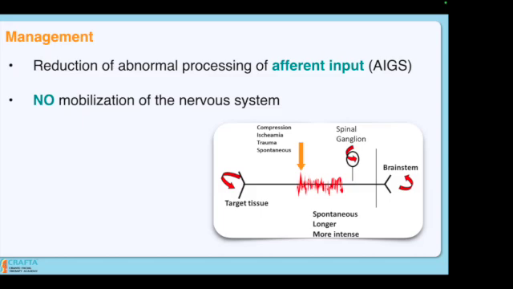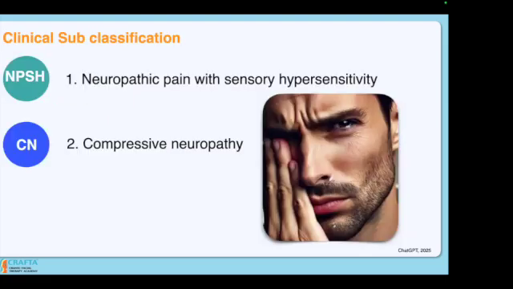When we do a slider, when we do local movements of the nerve, you can imagine if there is a lot of pain or dysfunction, it leads to a sort of blow-up of the whole system. It gets irritated, and automatically you will see, maybe already within your first treatment, that it gets more painful. So it's not helpful to mobilize the nerve system itself.